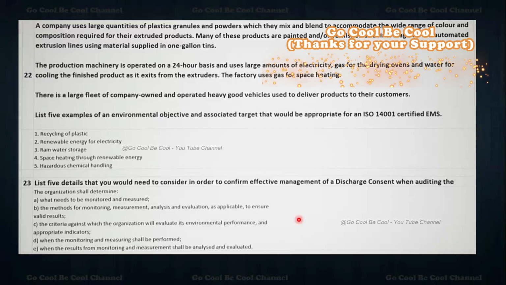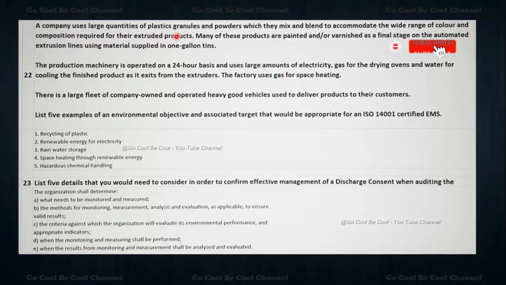See, last question 22. The company uses large quantities of plastic granules and powders which they mix and blend to accommodate the wide range of colors and compositions as required for their extruded products. Many of these products are painted and varnished as the final stages on the automated extrusion line using materials supplied in 1 gallon tins.